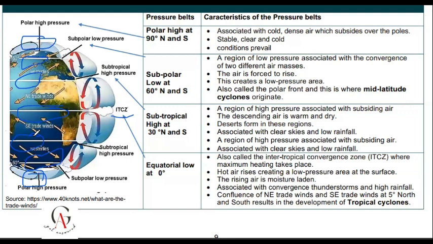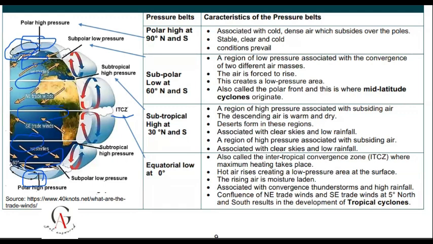And it is going to create for us three typical circulation cells. If we check here, we have a circulation cell which is happening here. The air is coming from the polar high, going to the subpolar low, ascending, and feeding back closer to the Earth's surface.